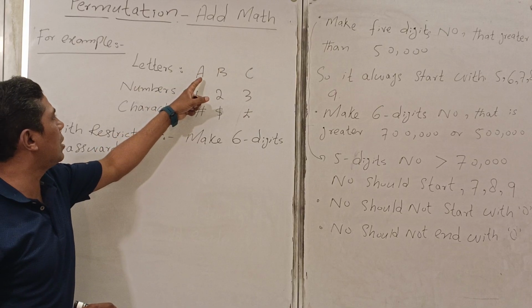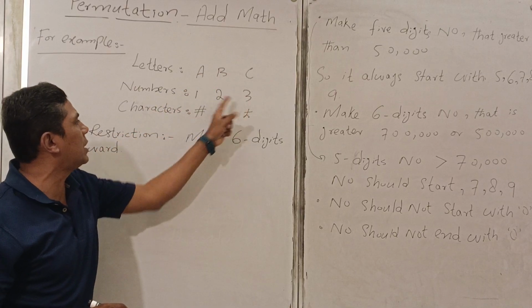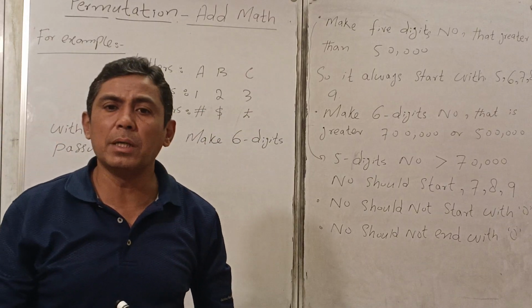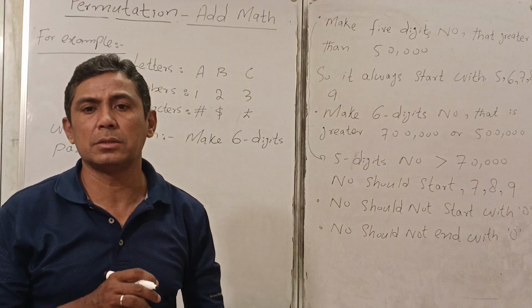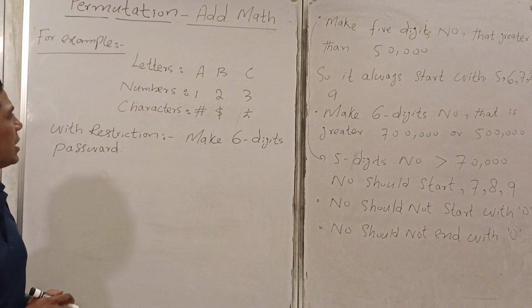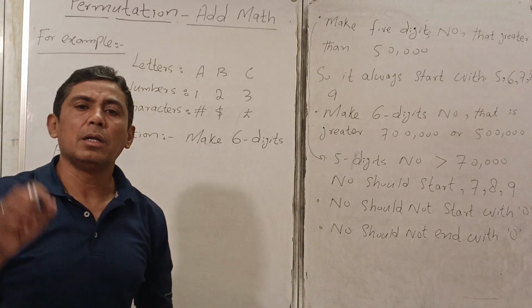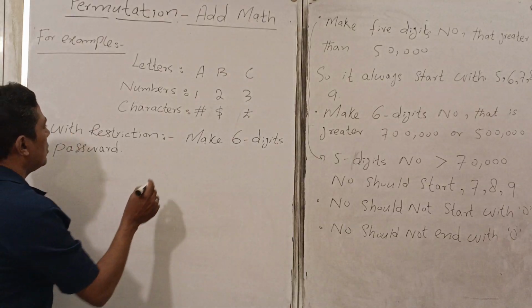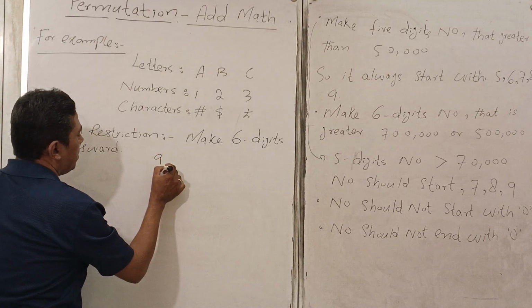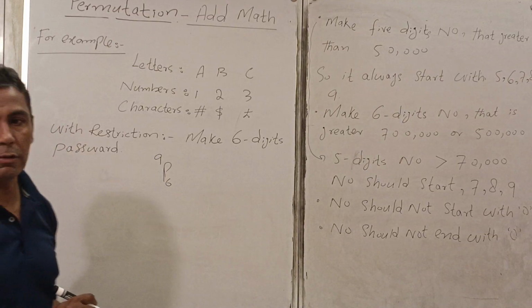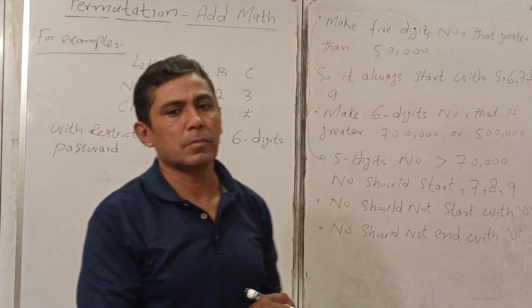How will you count the total? 1, 2, 3, 4, 5, 6, 7, 8, 9. So there are 9 numbers, characters and letters. Total is 9. So a 6-digit password is 9P6. Right? So without restriction, 9P6. You can solve it yourself. Okay?